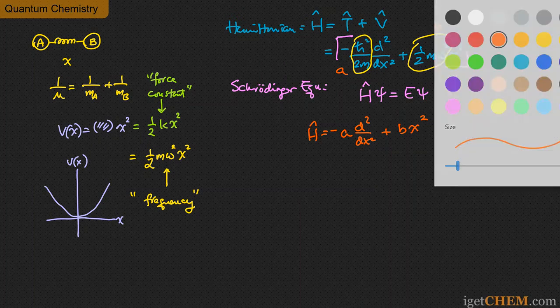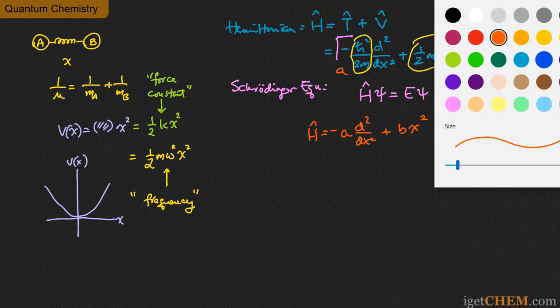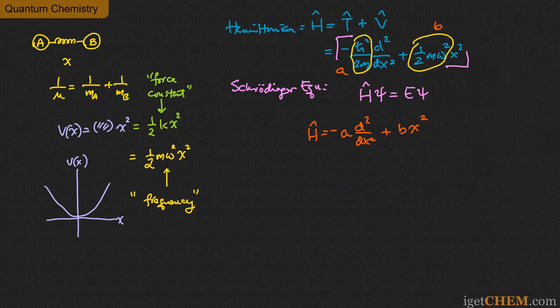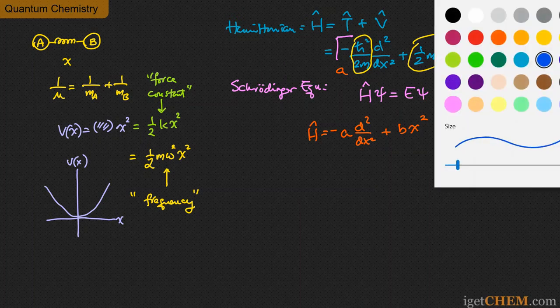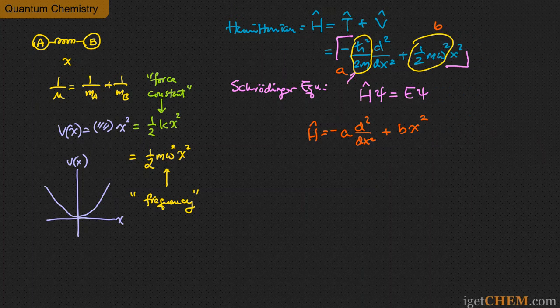But why are there two parameters? Well, you can see that there are two because the first parameter A depends on the mass. So the mass is right there. Maybe I should choose a different color so that you can see better. So the first parameter A has a mass in it, whereas the second parameter has a mass, which is essentially determined by A, but then it has another parameter, which is omega.